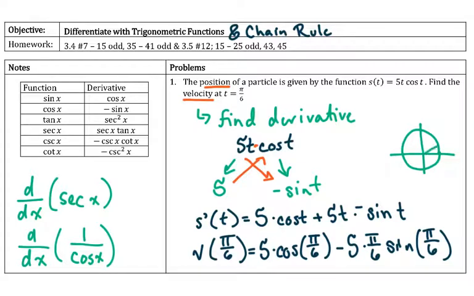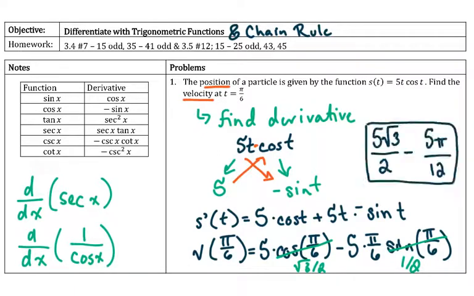Pi over 6 is going to be right here. So our cosine value is going to be root 3 over 2, and our sine value is going to be 1/2. Now we're just going to do a little bit of simplifying, and we get our velocity of 5 root 3 over 2 minus 5 pi over 12. You could keep combining those further, but I think that's just fine.